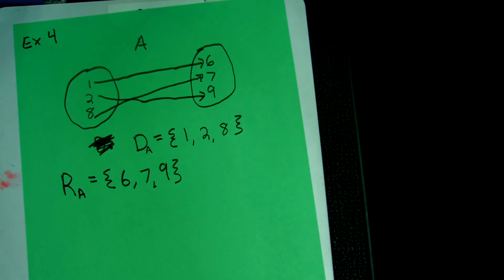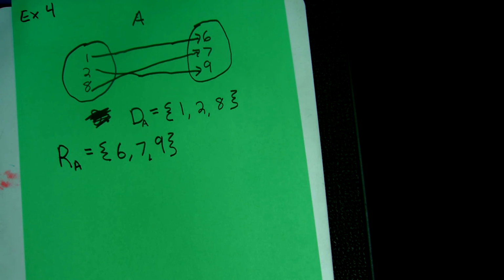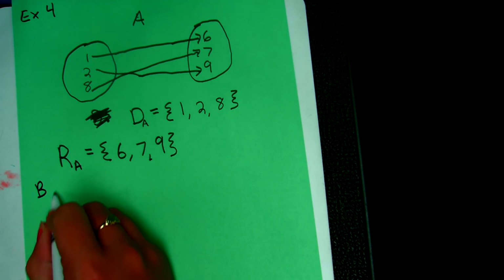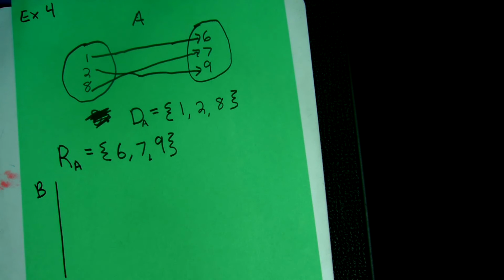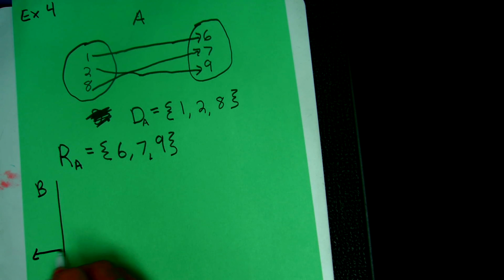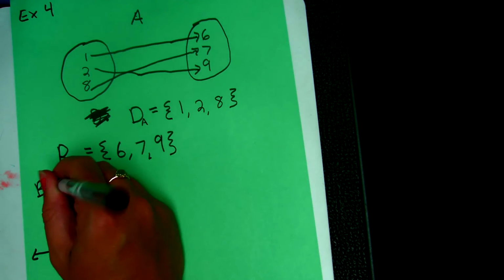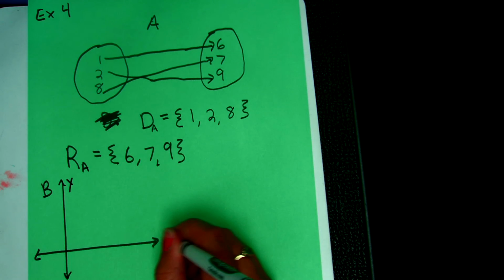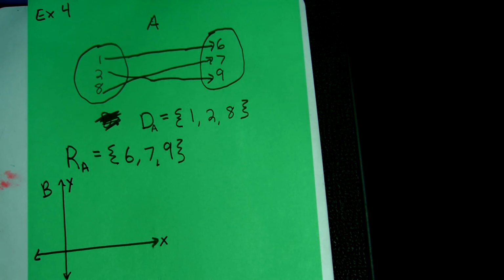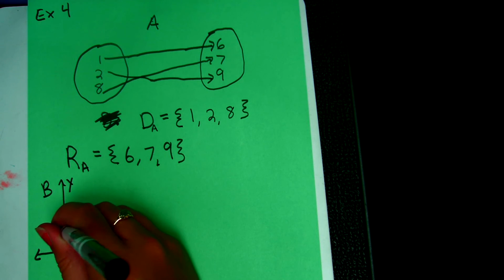All right, let's try a different form of a relation. Now we're going to do relation B, which happens to be a graph. So here's your y axis, and here's your x axis. And it looks like we have the points 0, 2, so right here.